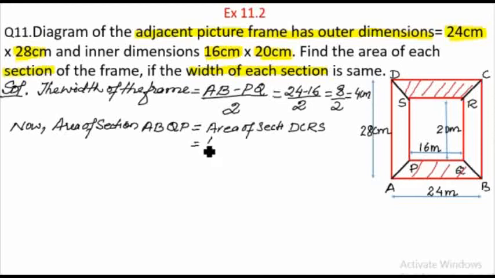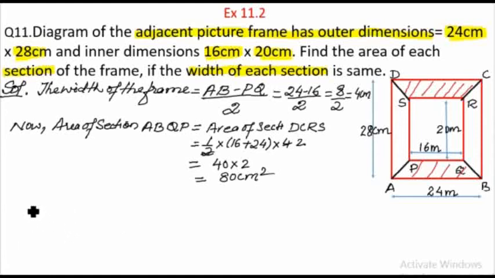We write 1 by 2 into, this is the shape of a trapezium, sum of parallel sides, 16 plus 24 into the height of this section, which is 4 centimeter. We can cancel 2 with 4, so 16 plus 24 is 40, 40 into 2 is equal to 80 centimeter square. So this is the section.